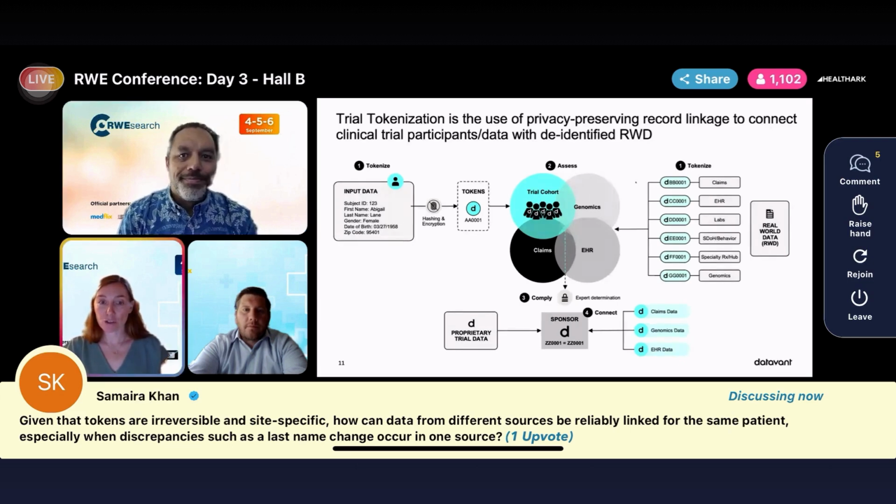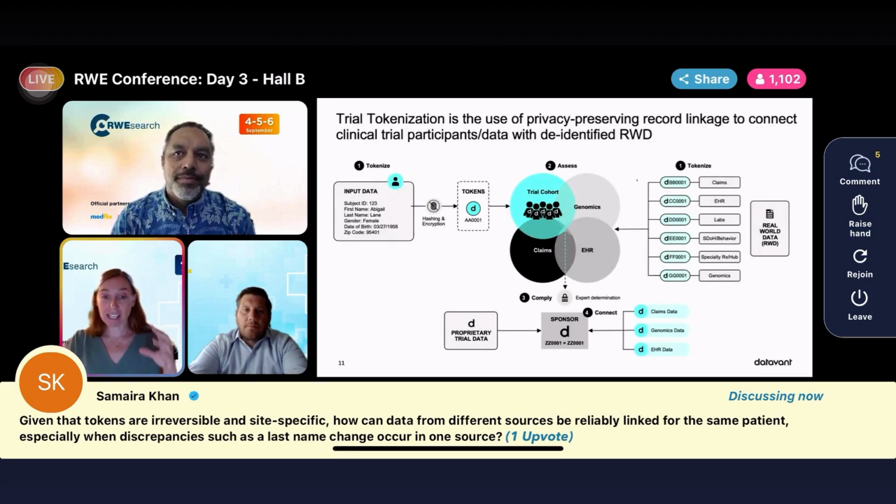Yeah, so I think there's two parts to this. The first is that there is site-specific encryption, but using the Datavant software, we're actually able to align that encryption to match. That goes back to the fact that the same basic tokenization engine generated those tokens.